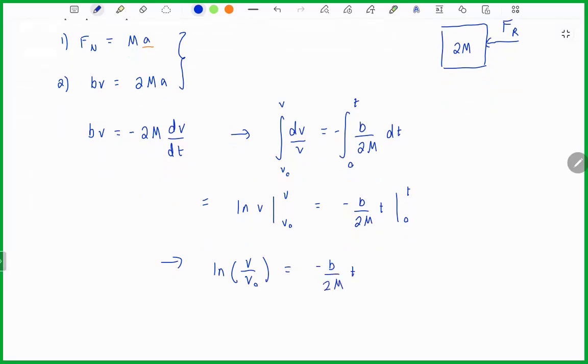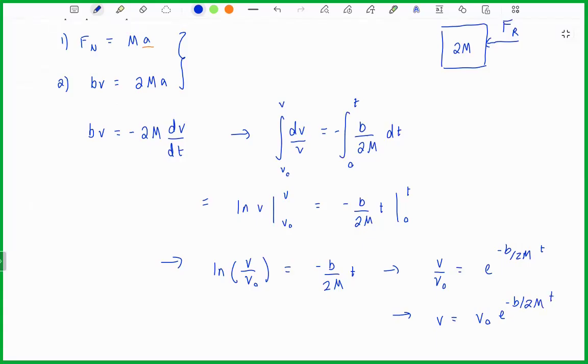Note that on the left-hand side, I use the property of logs, right? So it was ln v minus ln v naught. Okay, now I exponentiate. V over v naught is equal to e to the negative b over 2m t, and therefore v is equal to v naught e to the negative b over 2m times t.